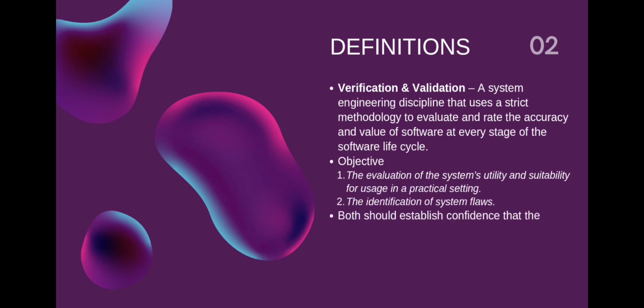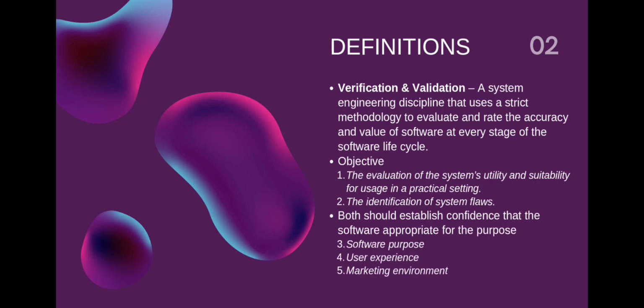The objectives are to evaluate the system's utility and suitability for usage in a practical setting and to identify system flaws. Both should establish confidence that the software is appropriate for the software's purpose, user experience, and marketing environment.